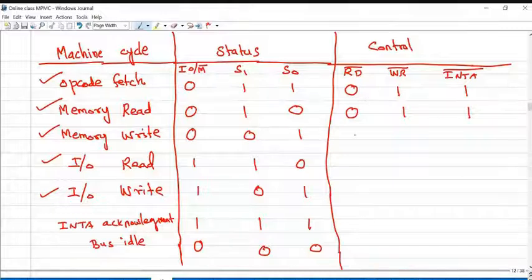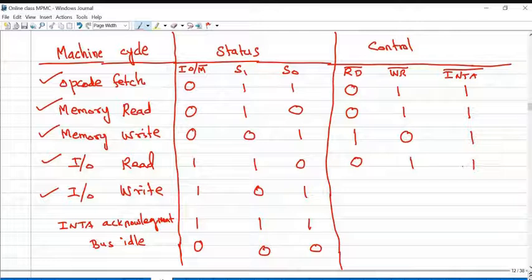For a write operation, the write signal should be enabled, and the remaining all disabled. IO read operation is again a read operation, so read should be enabled and write disabled. Then IO write operation: write must be enabled by placing 0 on the write signal, so the read should be 1 only.